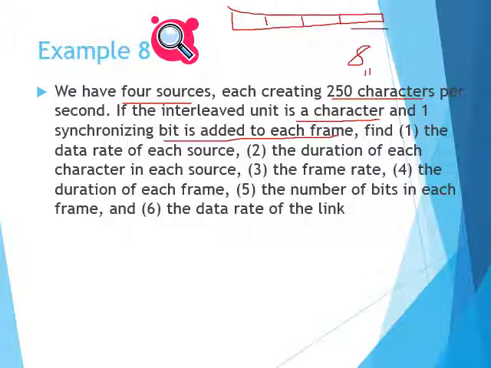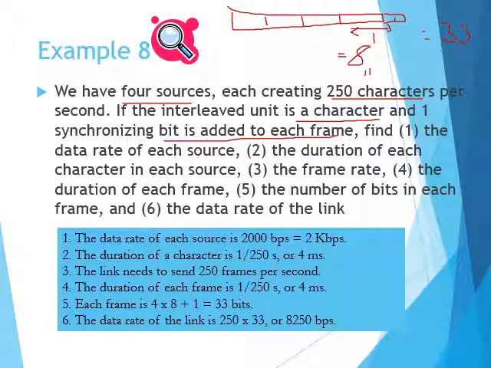Each time slot consists of one character, or 8 bits. So 8 times 4 is 32. But don't forget about the synchronizing bit, 1 bit over here. So the total will be 32 plus 1, 33 bits for each frame.